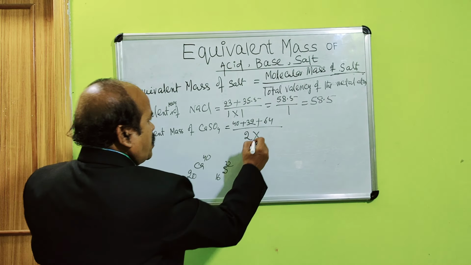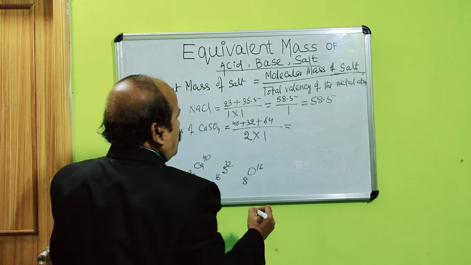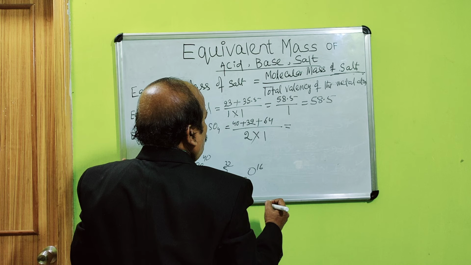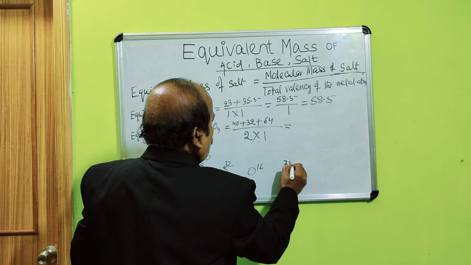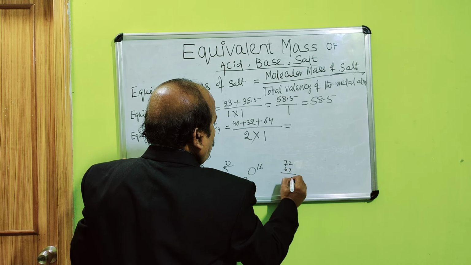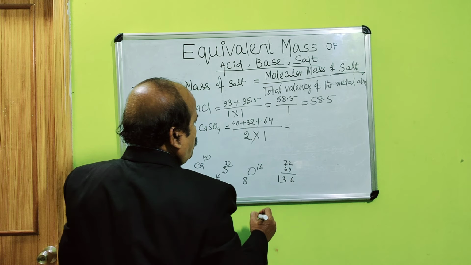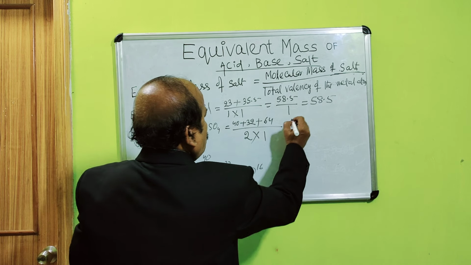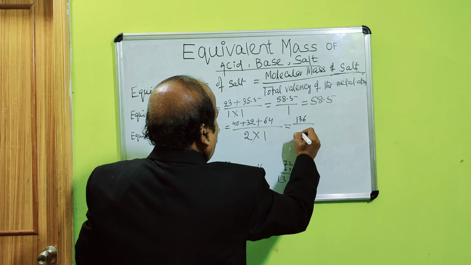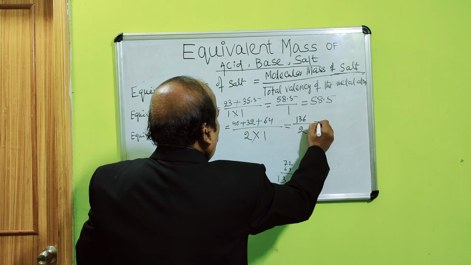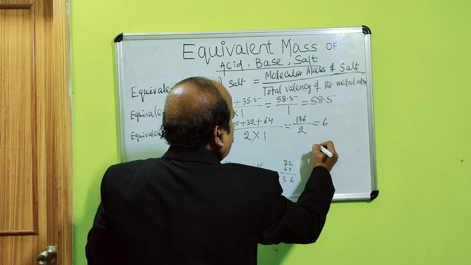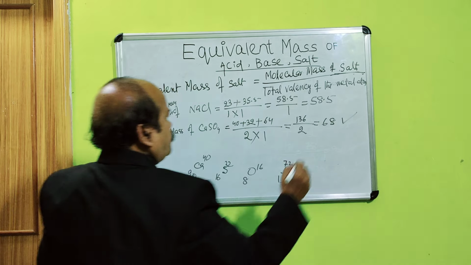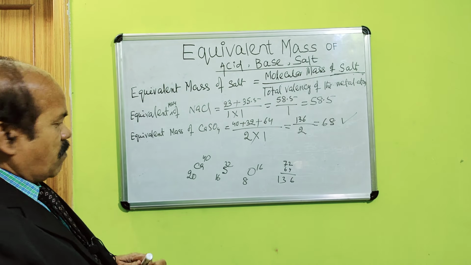And number of calcium is 1. So it's coming about 40, 32, it is 72 plus 64, it is 136. It's 136 by 2, so it is 68. Equivalent mass of calcium sulfate.